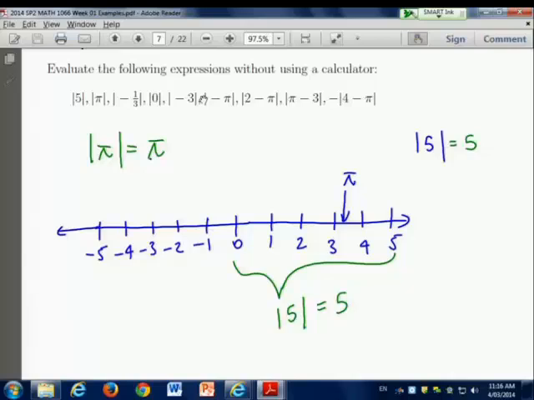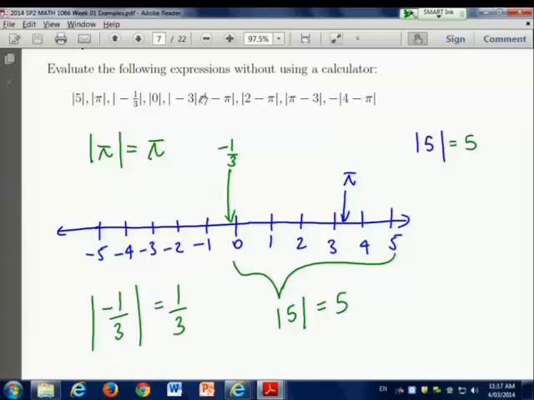All right. Absolute value of negative 1/3. Where is negative 1/3? Here, right? How far is it from 0? It's 1/3 units. So the absolute value of negative 1/3 is 1/3. Positive 1/3.